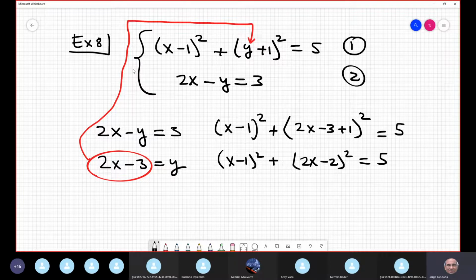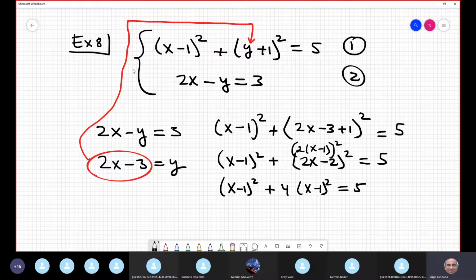Okay, and we can do something. Well, I take advantage of factorization. There are many ways to solve this. It's a quadratic equation, but in this case, I can see one easy way: you factor out 2 here, x minus 1. And you square, this is 4, because 2 squared, therefore (x minus 1) squared times 4 plus (x minus 1) squared equal 5.